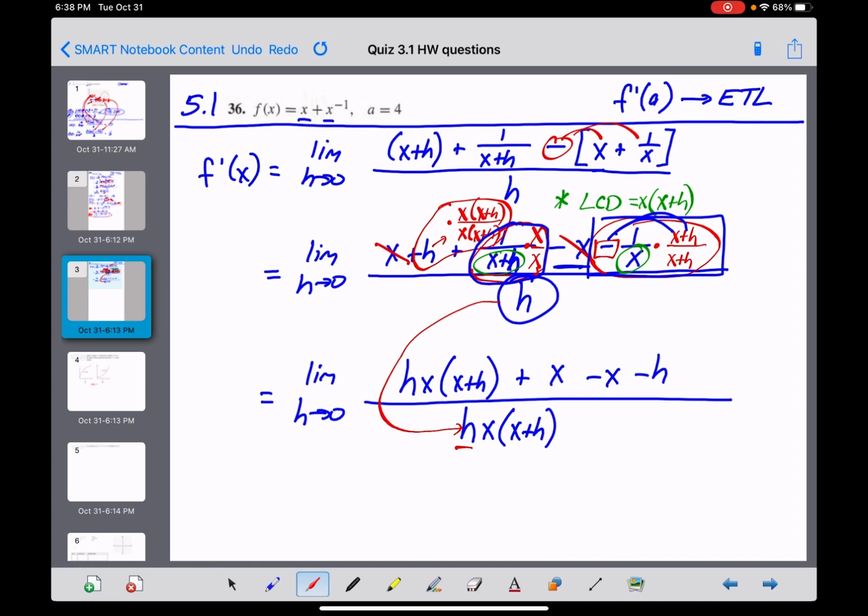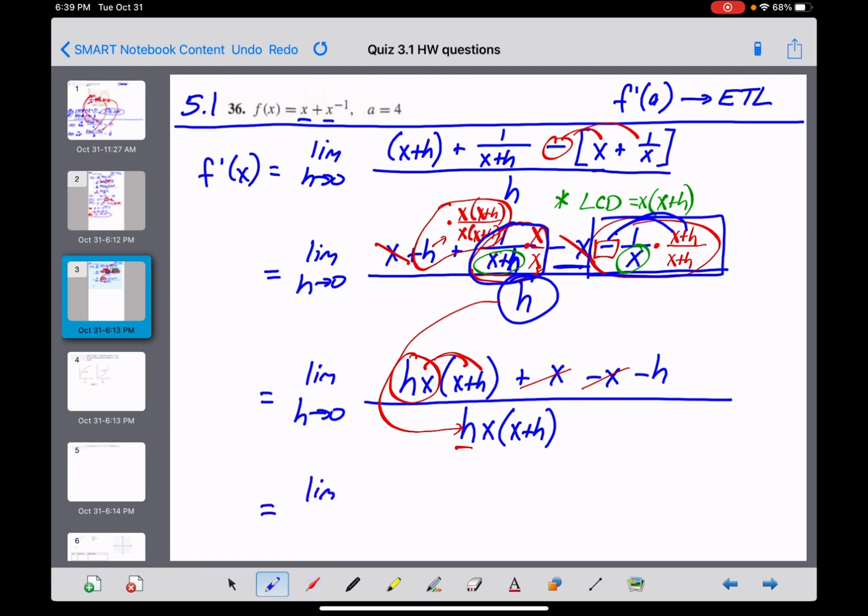Okay, so where are we then, guys? What I think I see right away, hopefully you do too, is that these x's in the numerator cancel out already. Now I think we actually don't need to do what I was about to do, but I have a feeling you guys would feel better if I did. I'm going to distribute this hx into that binomial right there.